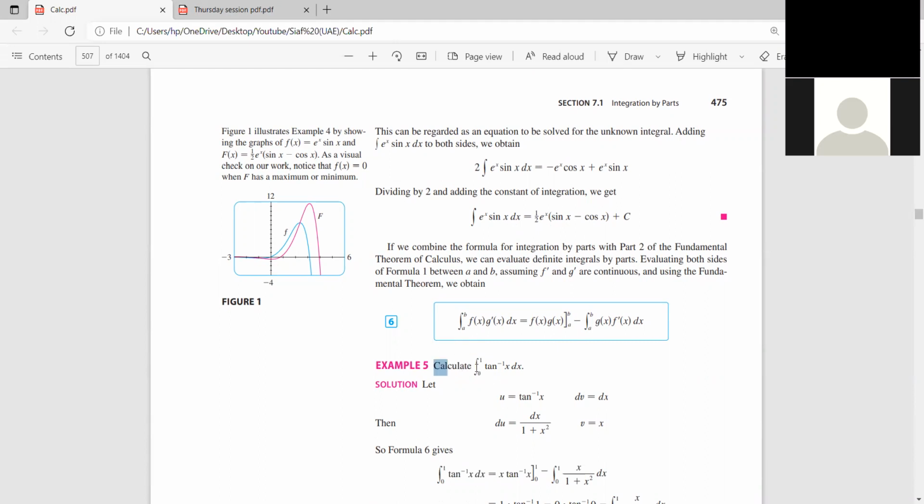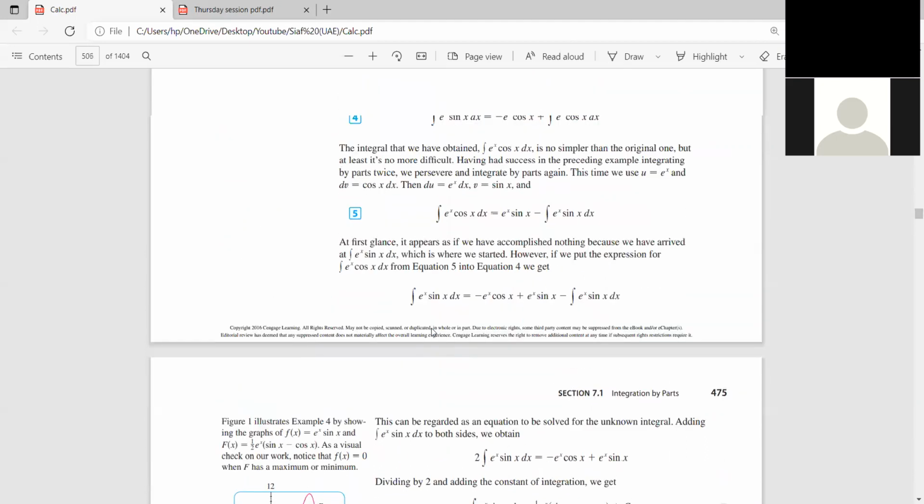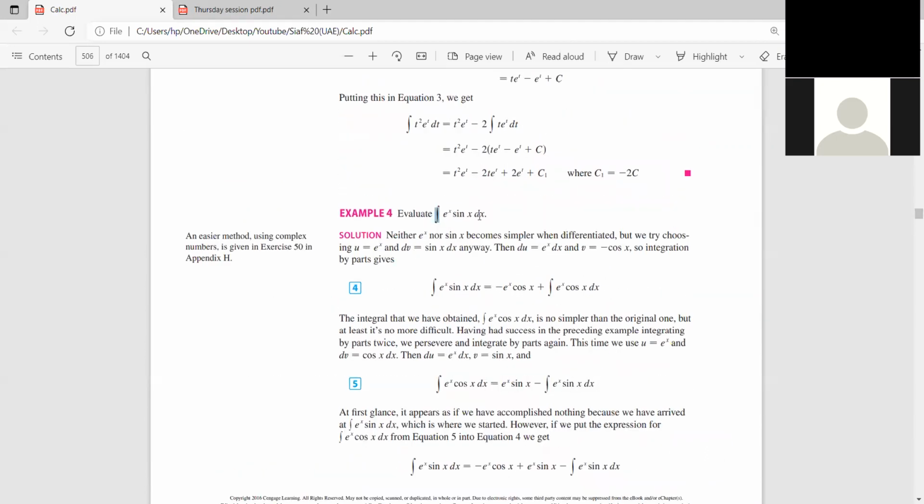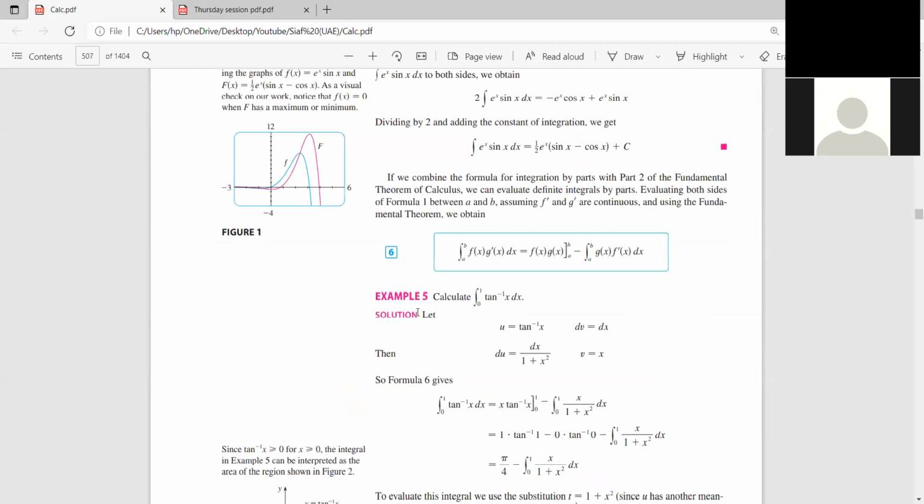These are called definite integrals when the limits are given, and when the limits are not given, they are called indefinite integrals. So applying the integration by parts and U substitution techniques on definite integral questions, let's understand how the integration by parts formula is applied on this question.